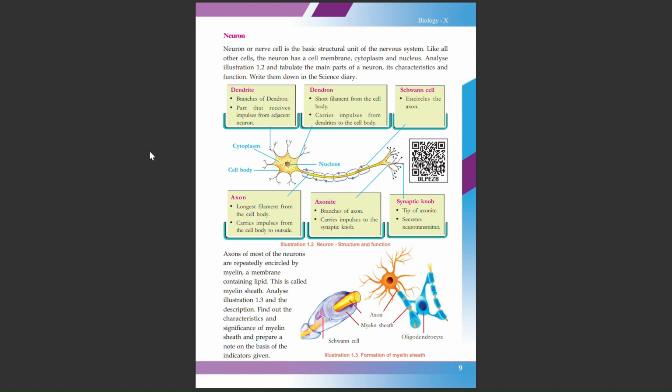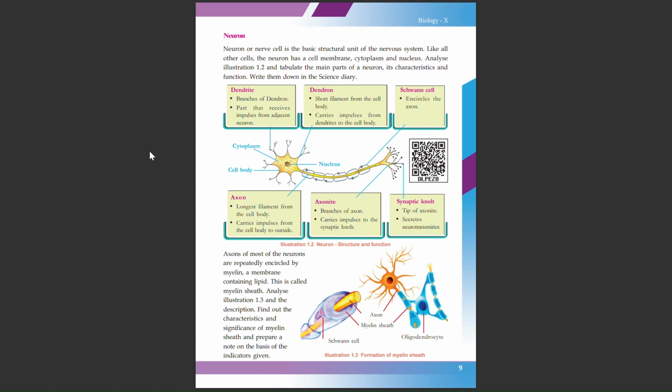Then there's the axon, which transmits the impulse, and then the axonate, that is a branch of the axon, and then the synaptic node. In the axonate, there's a node which carries chemicals. When the stimuli has reached the knob, it releases chemicals called neurotransmitters that go and bind to the adjacent neuron, and that gets stimulated.